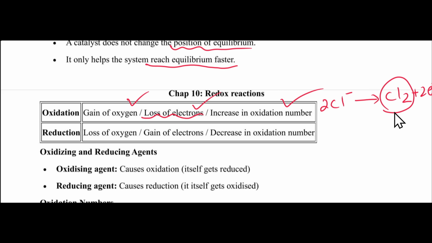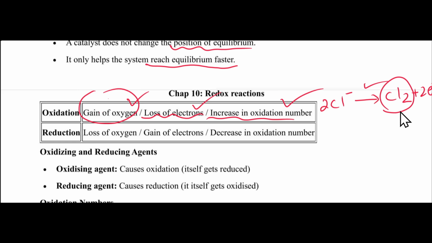In electrolysis, it is actually oxidation because chloride ions are losing two electrons. So loss of electrons is oxidation. No oxygen is involved, so we cannot use the oxygen definition for this statement, but we can use this one also, increase in oxidation number. How?